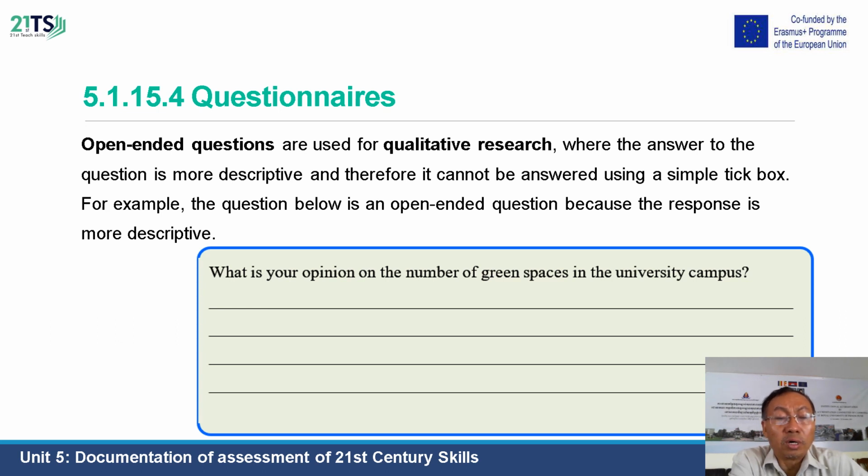When they were asked, "What is your opinion on the number of green spaces in the university campus?" we cannot collect information from the tick box when we want to know the opinions of the participants or the respondents in the survey. So the respondents have to write their own opinion. And we're going to use these data for qualitative research.